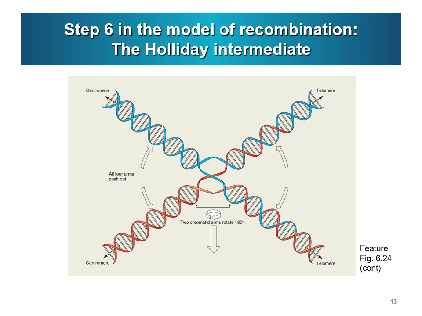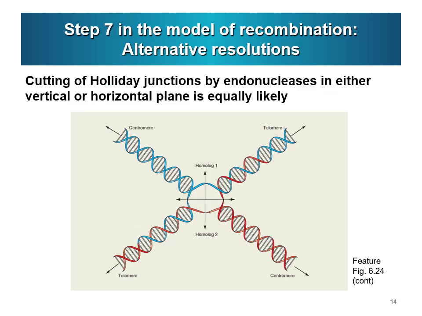Step 6 of the model of recombination is called Holliday intermediate. During this step, the two chromatids rotate by 180 degrees. This is something we have to imagine in 3D. Step 7 is called alternative resolutions. Here cutting of Holliday junctions by endonucleases is equally likely in either the vertical or horizontal plane.